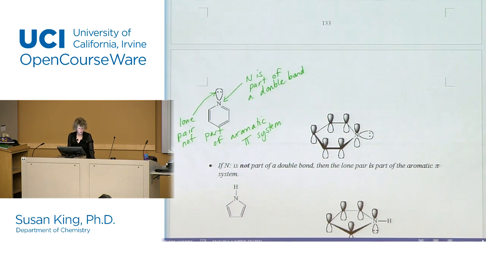And so this is what the structure looks like. So this nitrogen here is part of a double bond. It is sp2 hybridized. And so here this lone pair is actually perpendicular to the p orbitals in the ring. That lone pair is in an sp2 orbital.